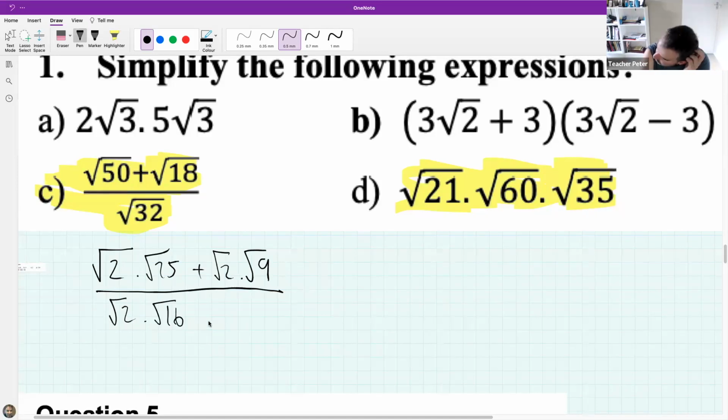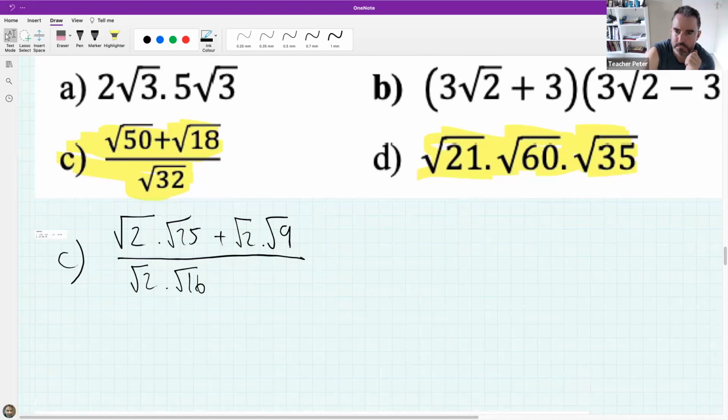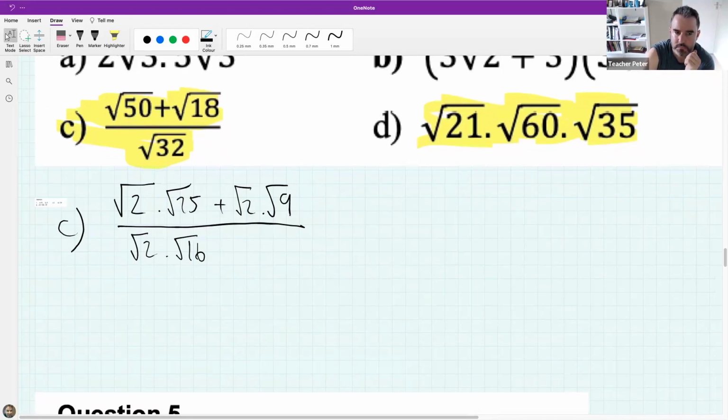So that's how I would start for C. What is my final answer going to be for C?